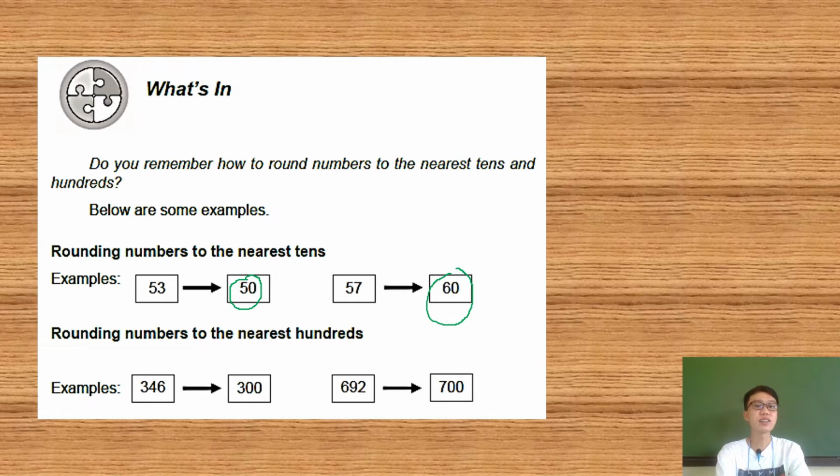Next, rounding numbers to the nearest hundreds. For example, 346. If we're going to round off 346 to the nearest hundreds, the answer is 300. Next, 692. If we're going to round off 692 to the nearest hundreds, the answer is, very good, 700.